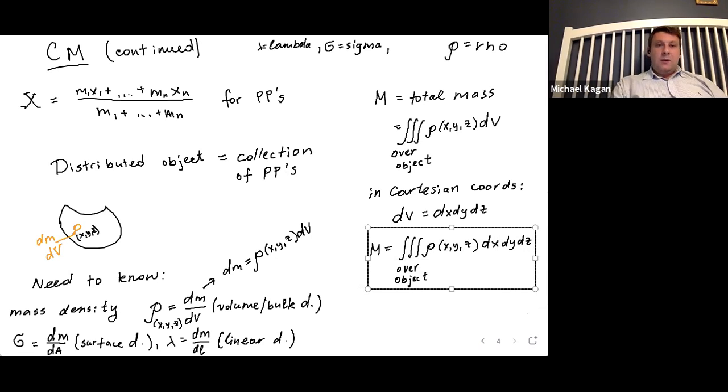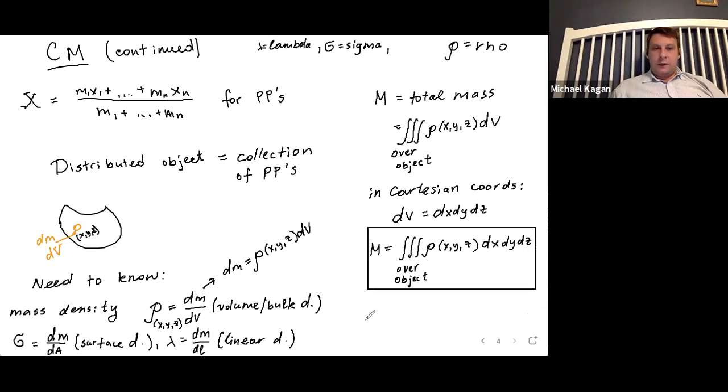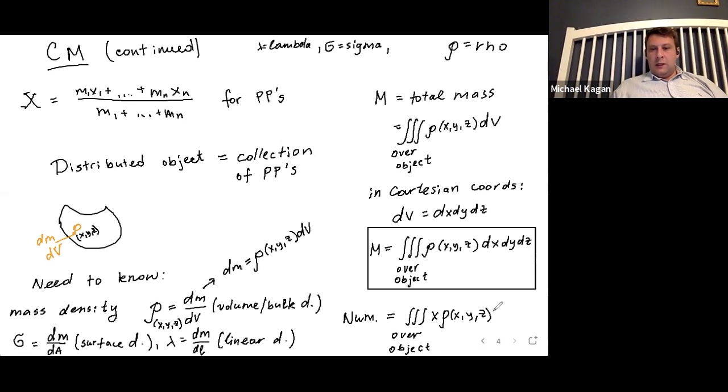Well, in a very similar way. The only difference is that you put an extra factor of x in there, okay? So the numerator equals triple integral over the same object of x times rho of x, y, z, dx, dy, dz.